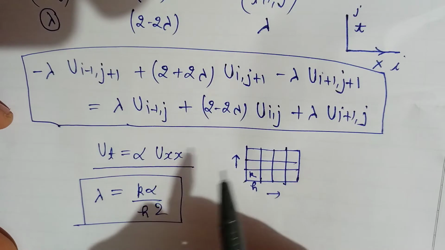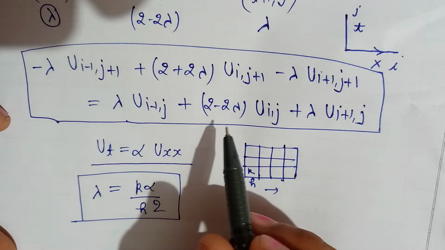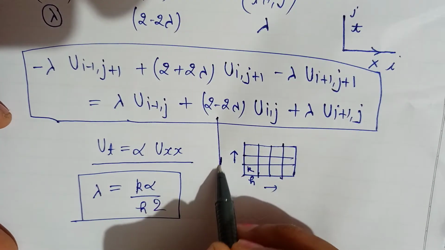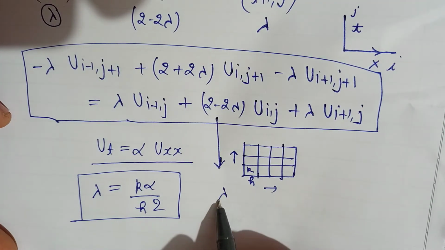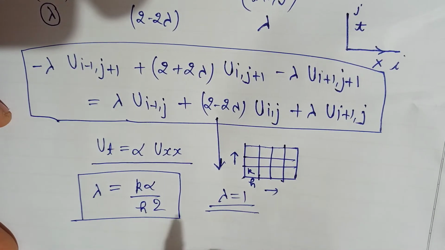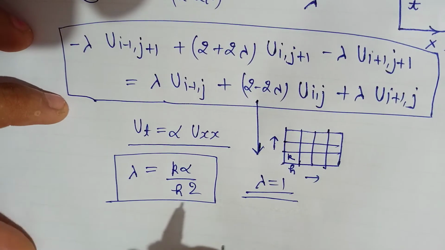And one more thing, if lambda equal to 1, we get the simplified form of this formula. Lambda equal to 1 means what we get?